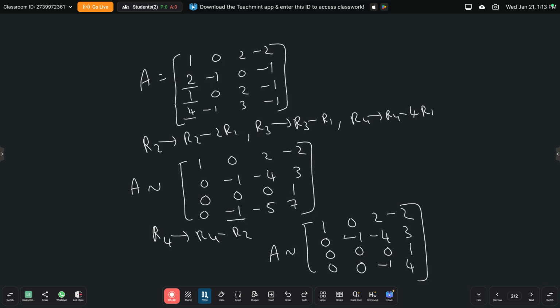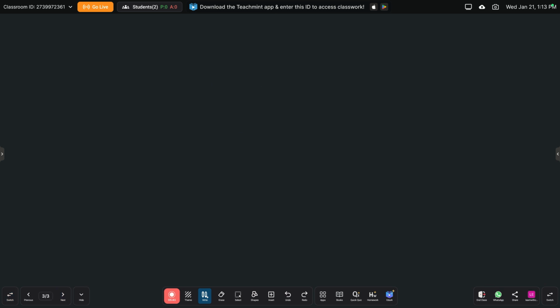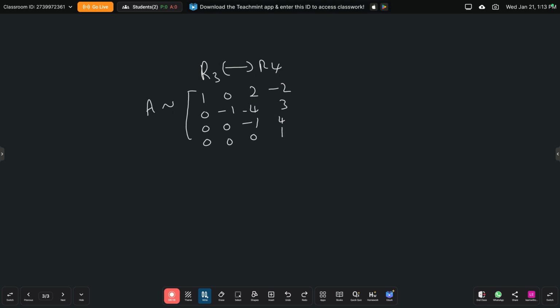Next we will interchange the last two rows, that means R3 interchange with R4, to convert the matrix into echelon form. So which is 1, 0, 2, minus 2; second row 0, minus 1, minus 4, 3; the third row 0, 0, minus 1, 4; the last row 0, 0, 0, 1.